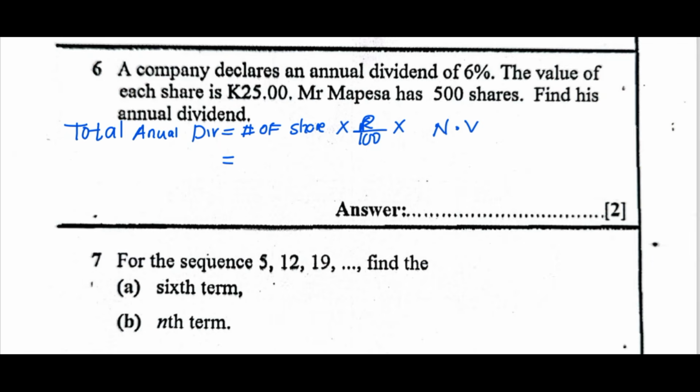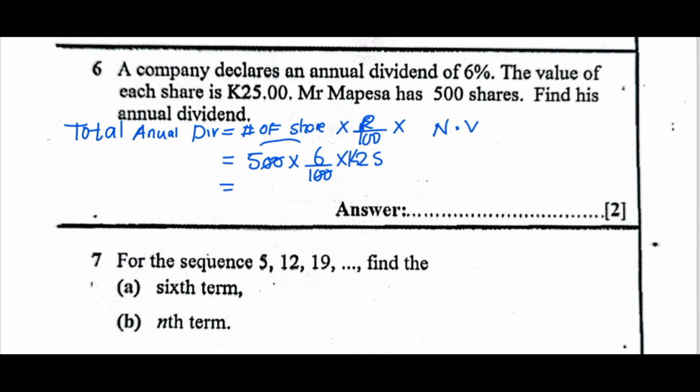So let's do the math. Number of shares, we can see this 500 shares, times the percentage, so this will be 6 over 100, times the value of each share. So n is the value of each share, which is 25 kwacha. So we can cancel this 0, we'll cancel this 0.